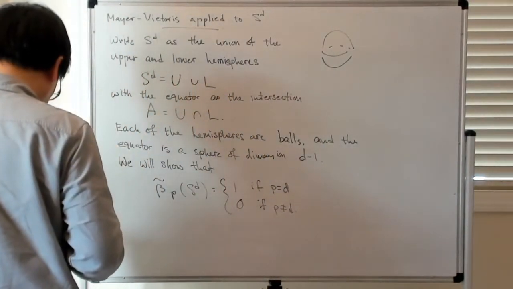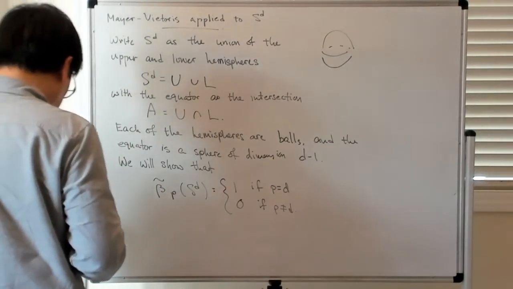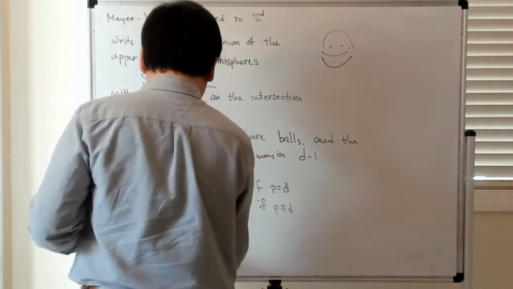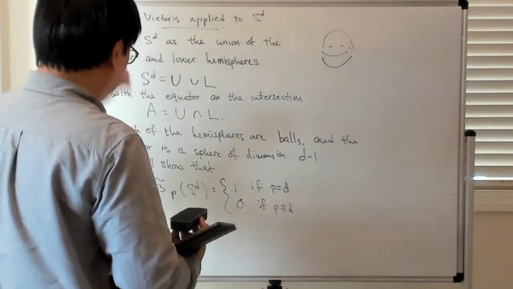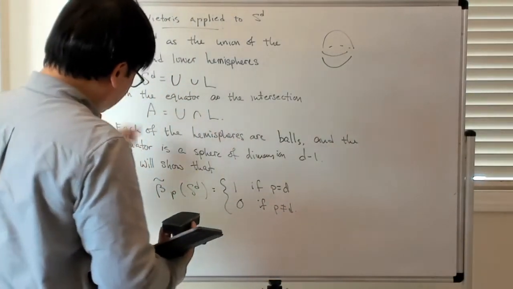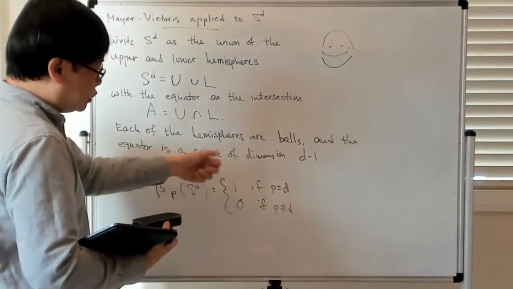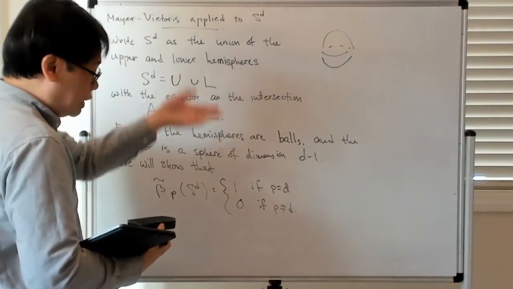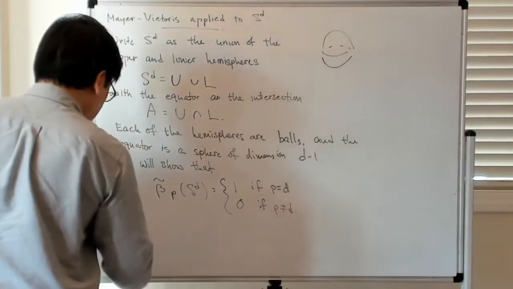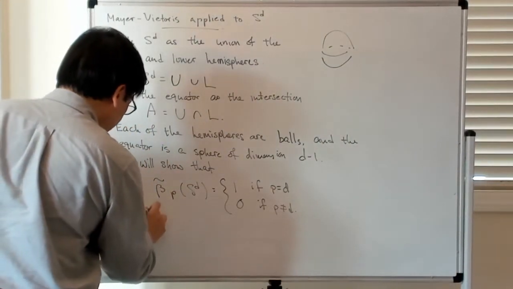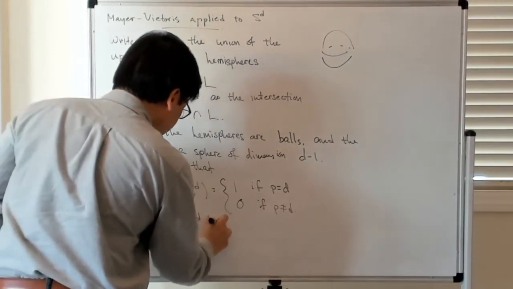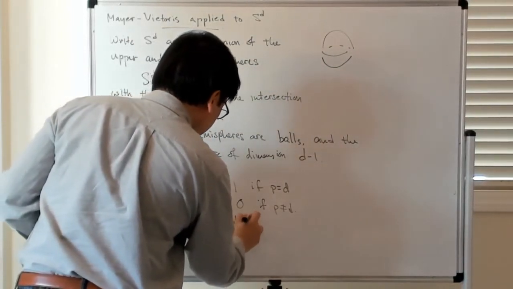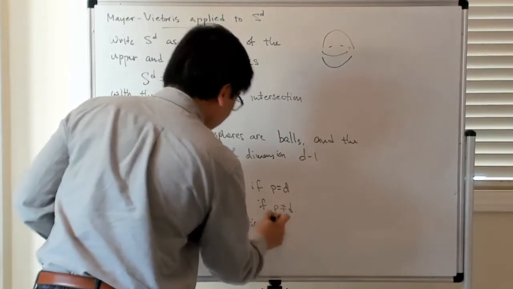Because the equator is a sphere of dimension d minus 1, you have to do this inductively, so you will proceed by induction on the dimension d.